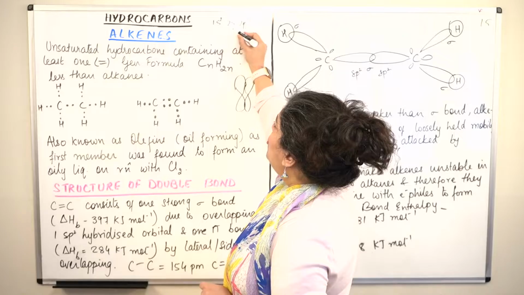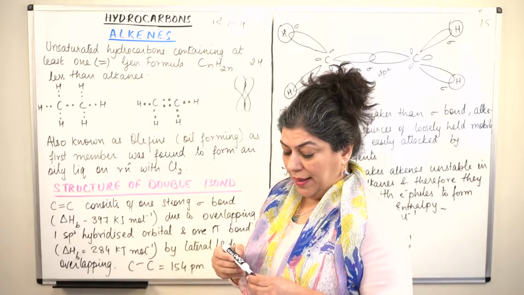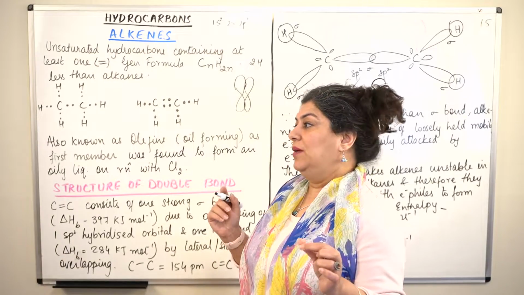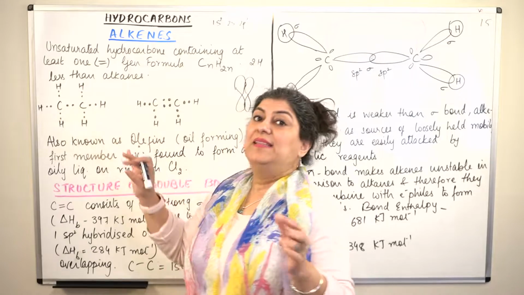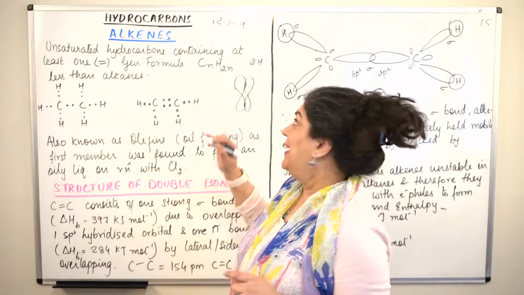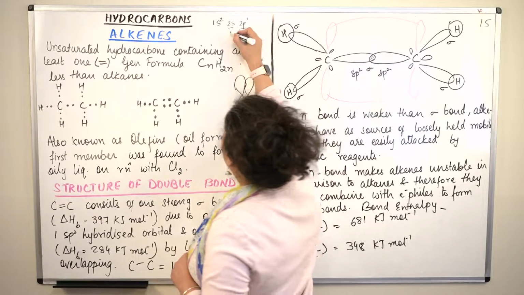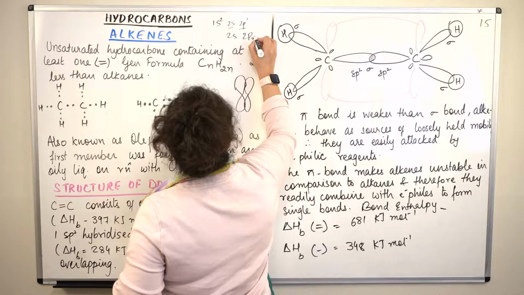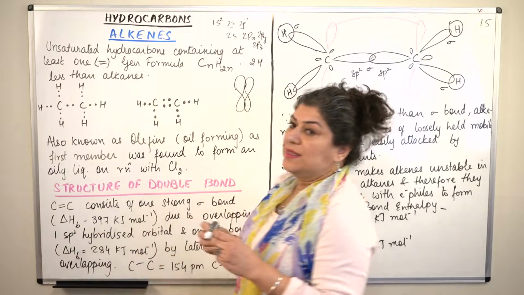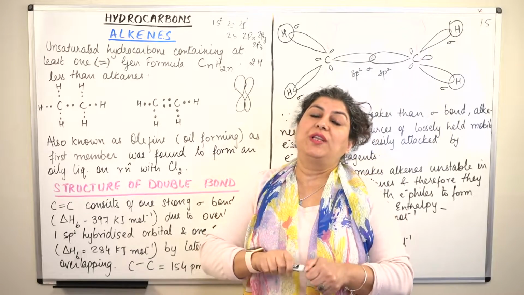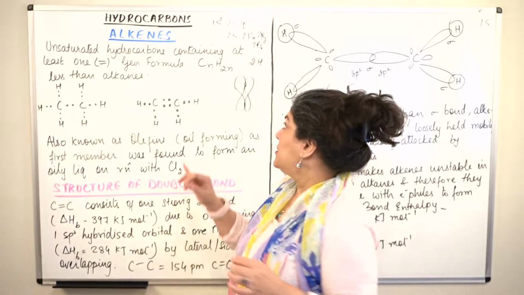Now, if we say it is 2s2, 2px1 and 2py1, when it has to form single bonds and the sp3 hybridization takes place as in alkanes, the s orbital and the 3p orbitals, that is 2s, 2px, 2py and 2pz, these four orbitals redistribute their energies and result in the formation of four hybrid orbitals.